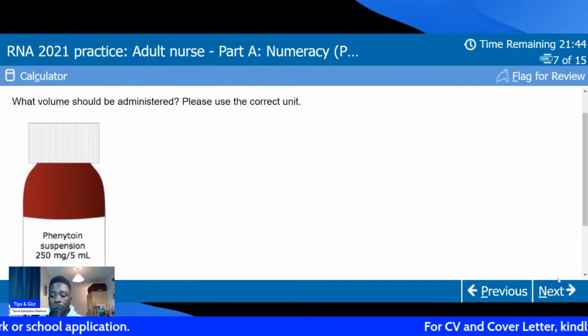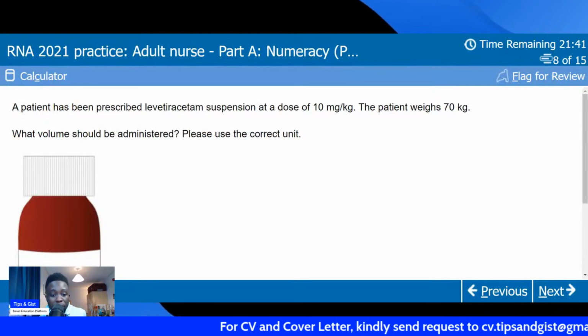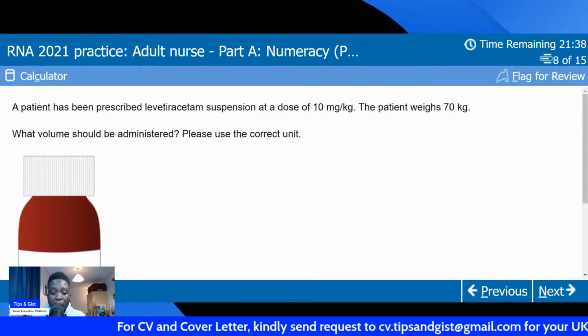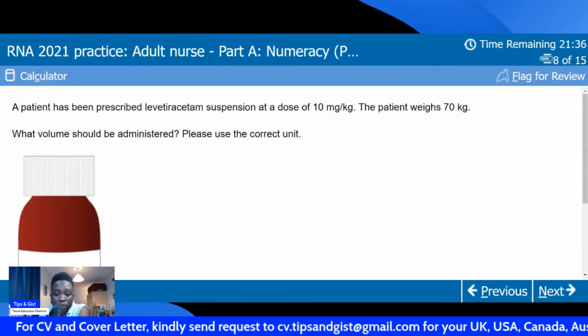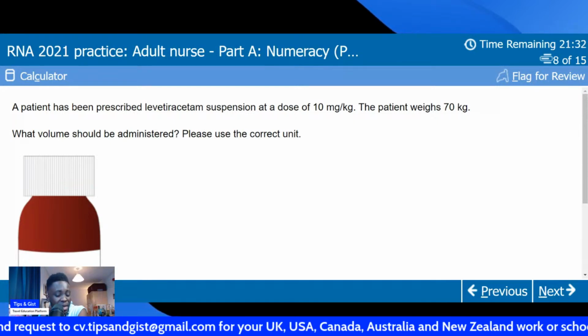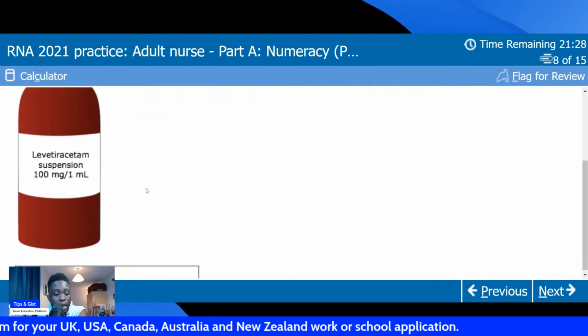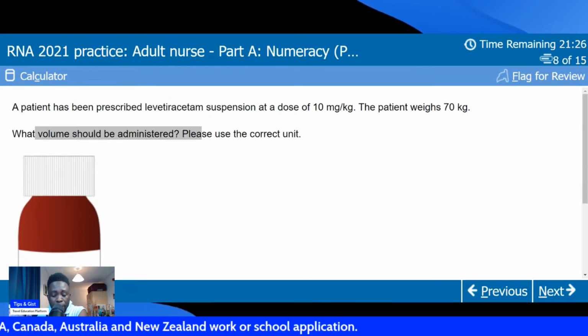All right. Next, a patient has been prescribed that drug, suspension, at a dose of 100 milligram per kg. The patient weighs 70 kg. Now, what volume should be administered?